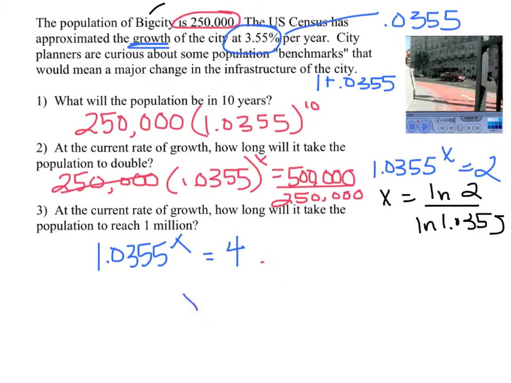So then to solve it, we could use logs again. Natural log of 4 over the natural log of 1.0355. And again, we'll talk more about logs in the coming days, so if you don't quite remember the setup of that, don't worry too much about it.